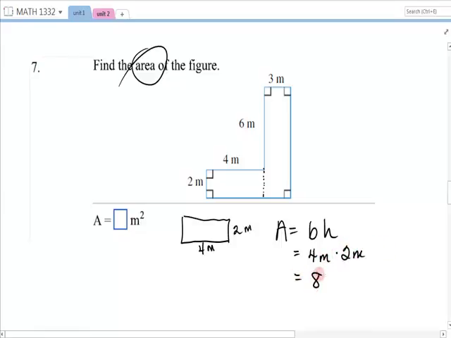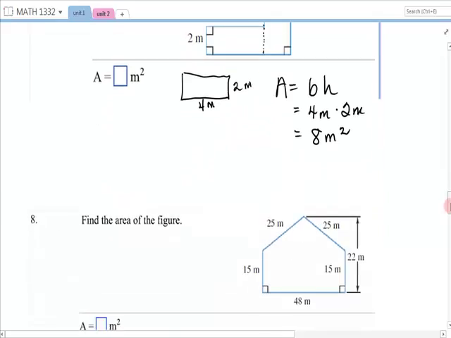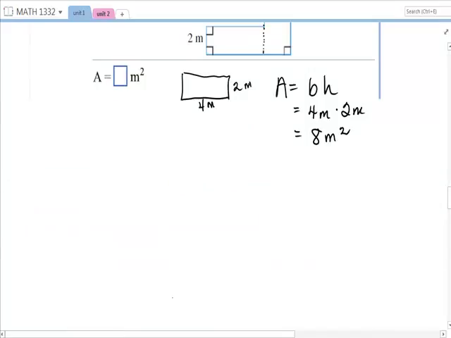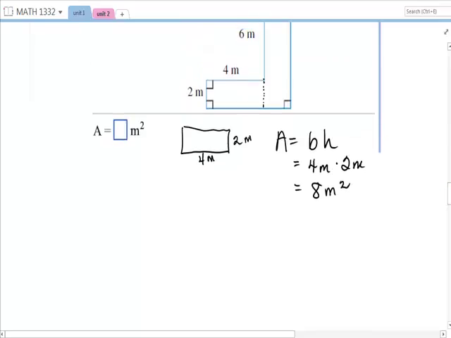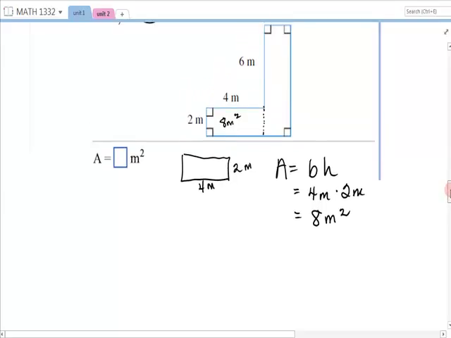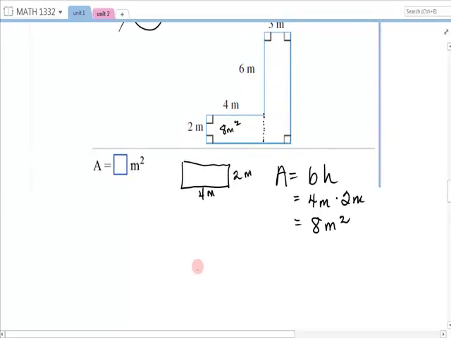It is 8 meters squared. And you might be able to just see that and sneak in 8 meters squared right there because you know it's a 2 by 4. Now, what I wanted to talk to you about is this other rectangle.